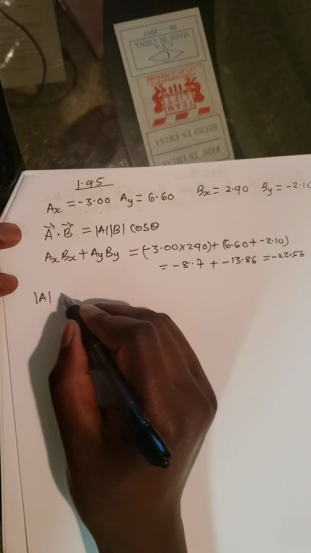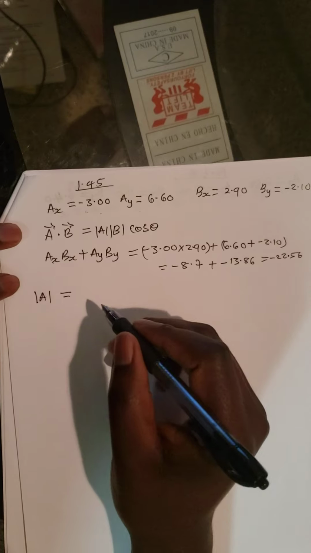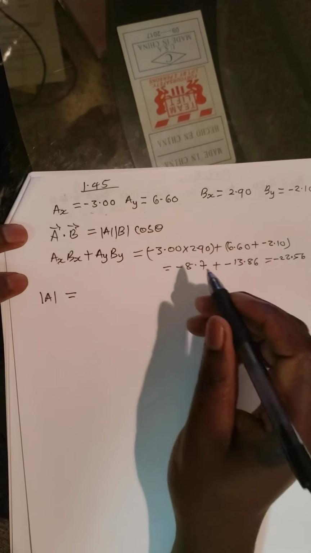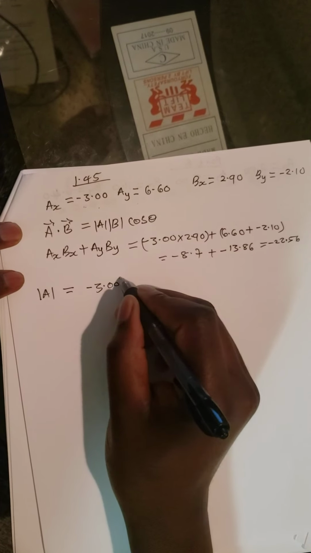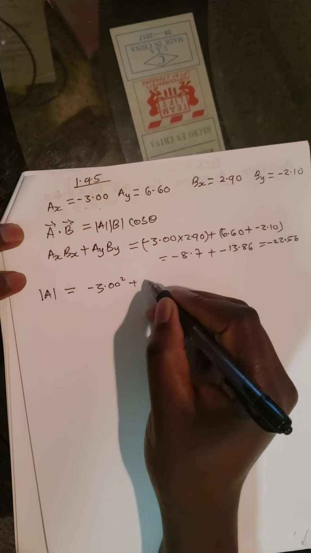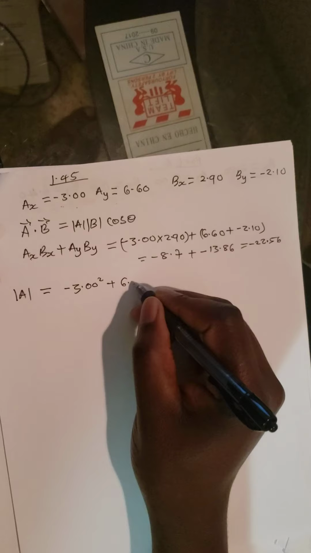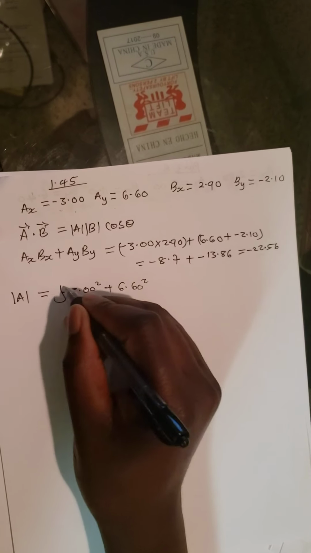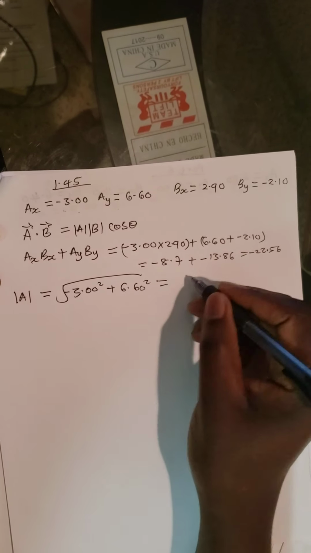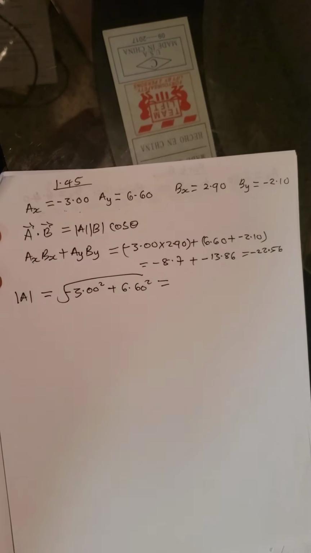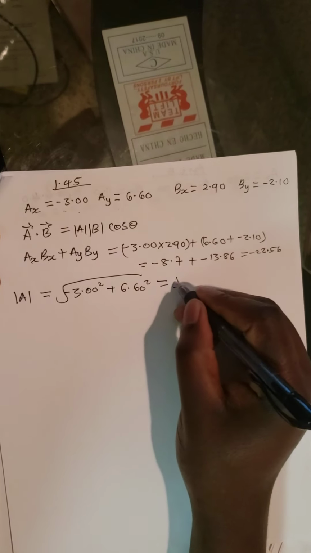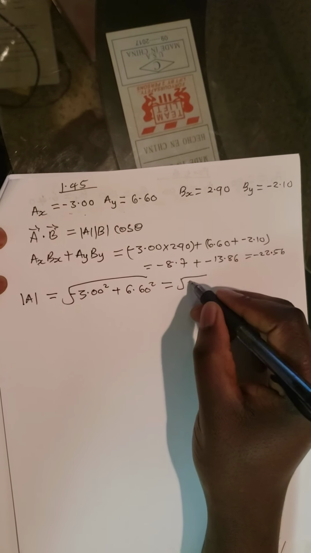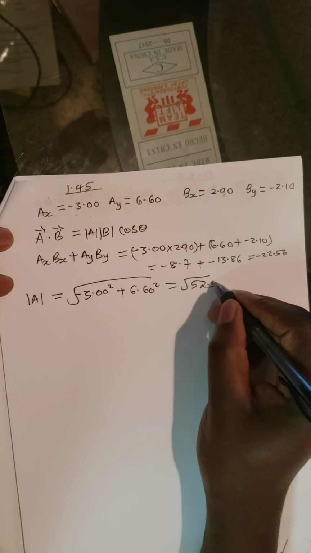I'm going to find the magnitude of vector A, which is the x component and the y component of vector A squared, under the root. So negative 3.00 squared added to 6.60 squared under the root, and this gives me the root of 52.56.